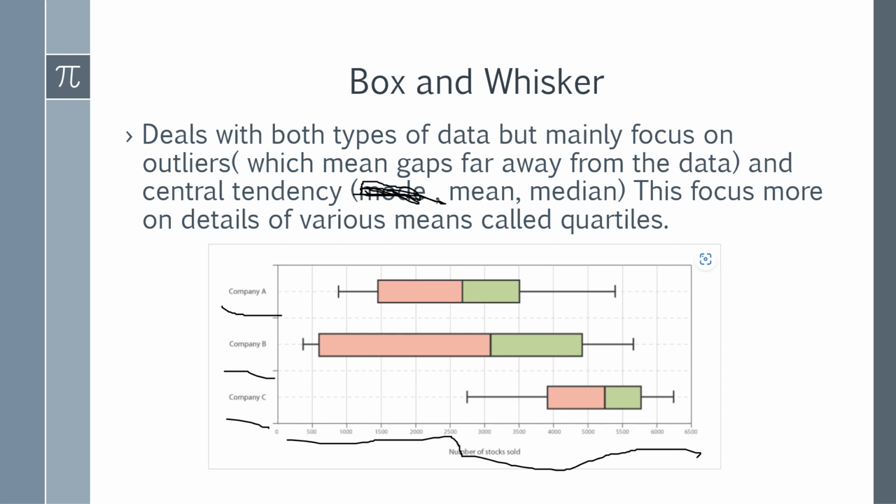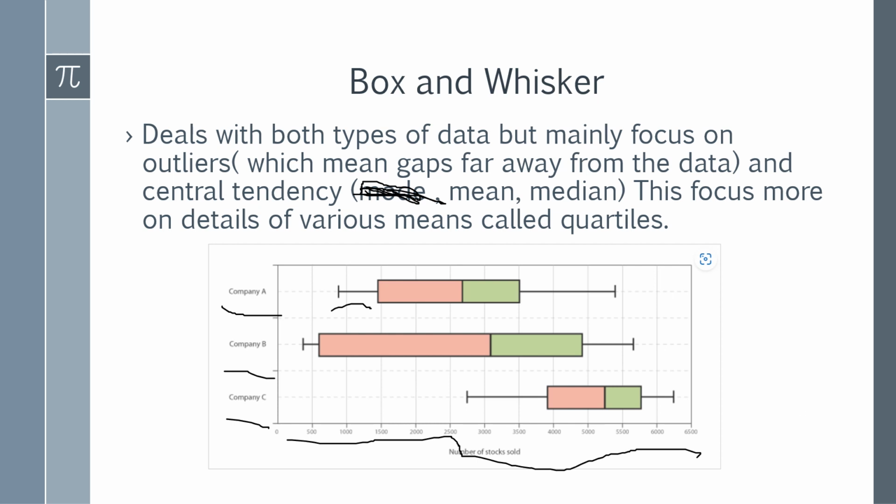You're going to have the lower 25%, the 50%, and the 75%. All right. And again, box and whiskers can be used for categories, and also could be used for quantitative data.